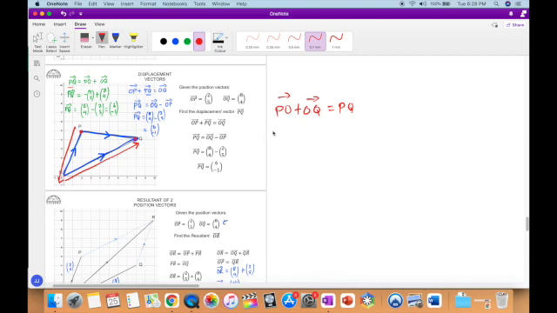So PO will be minus OP plus OQ, right? Which is PQ. And therefore, I'll end up having OQ minus OP, which is PQ, right? Because it's going in the opposite direction. And then you employ your vector algebra to solve that, right?